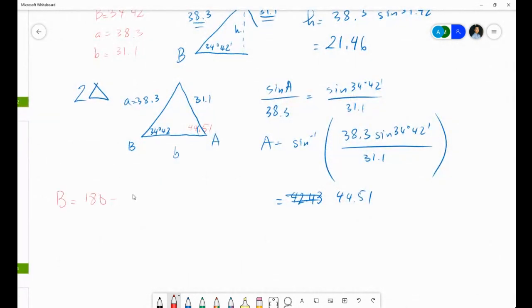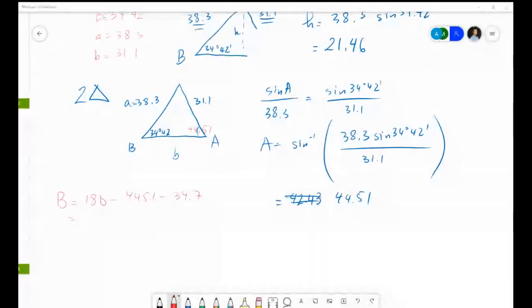I take 180 minus 44.51 minus 34.7. All right, let's see what we got there. Isn't it like 103 point? Never mind. 100.79.